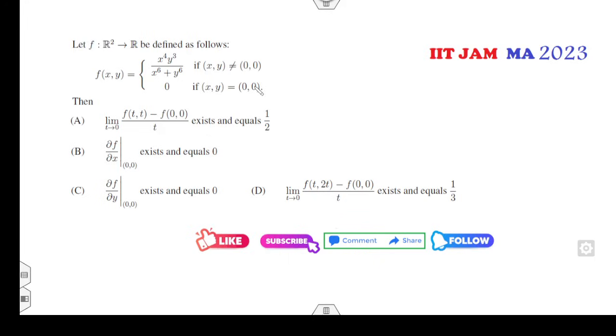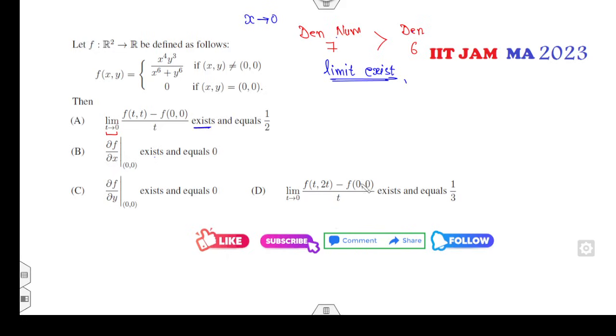Now you can see it's a partial derivative. Now your target is to check whether the limit exists. What is the degree of the numerator? The numerator is 7. The degree of the denominator is 6. So whenever x approaches 0 and the degree of the numerator is greater than the denominator, the limit exists. Fine. So here the limit exists.